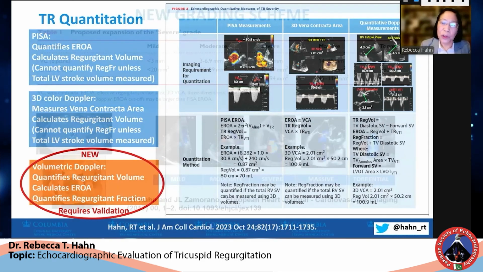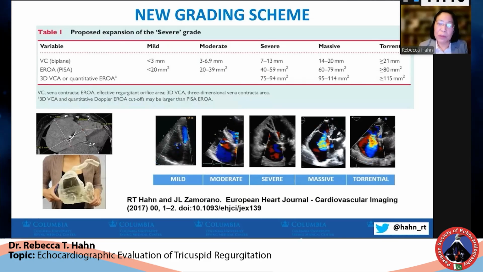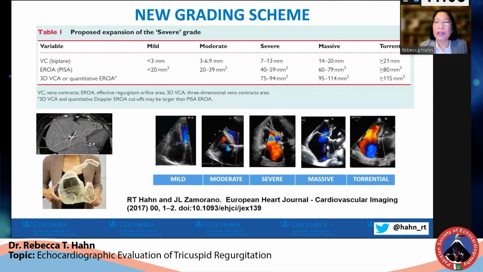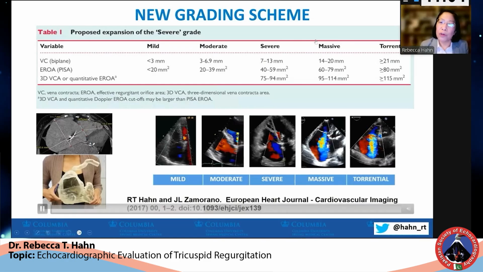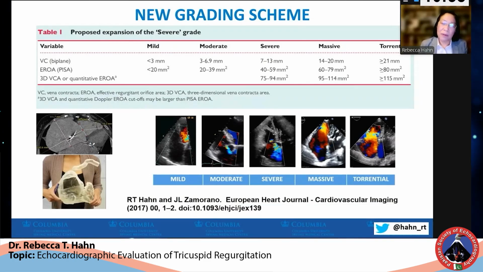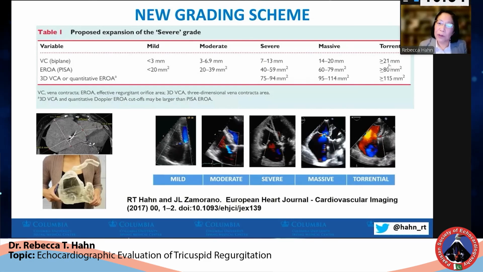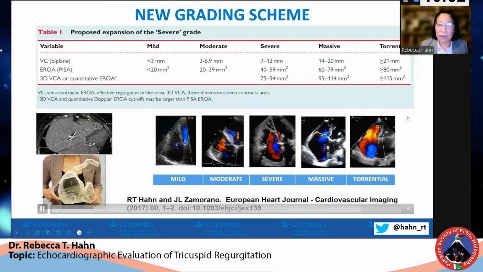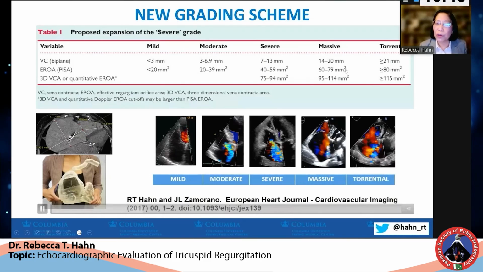Now, we also learned that the patients that are coming to us with severe symptomatic disease are being diagnosed very late. And that's why we extended the grading scheme to massive and torrential, because again, the outcomes have a continuous hazard of increased mortality as you increase the regurgitant orifice area.